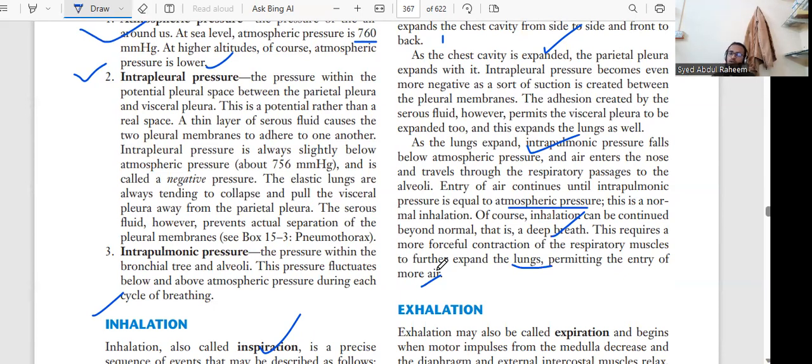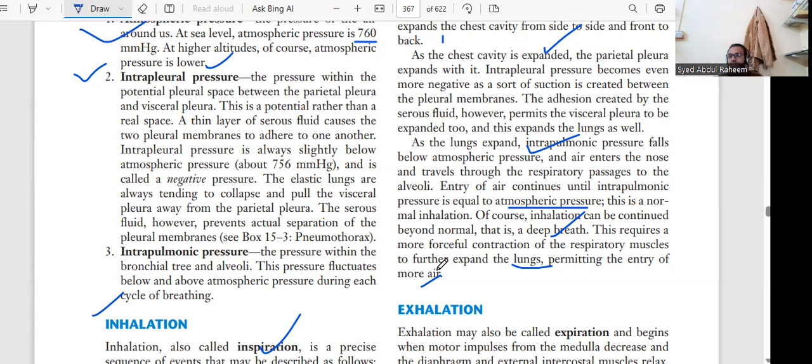So what happens when the lungs expand? The outside pressure is more than the pressure inside. The lungs expand and the pleural pressure reduces. When the external atmospheric pressure is equal to the intrapulmonary pressure, the expanding stops.